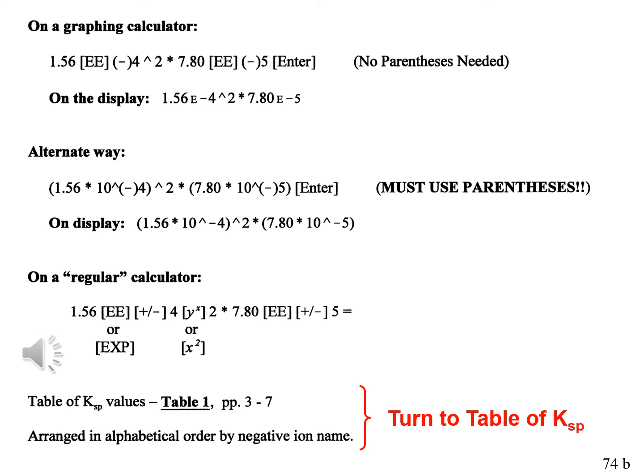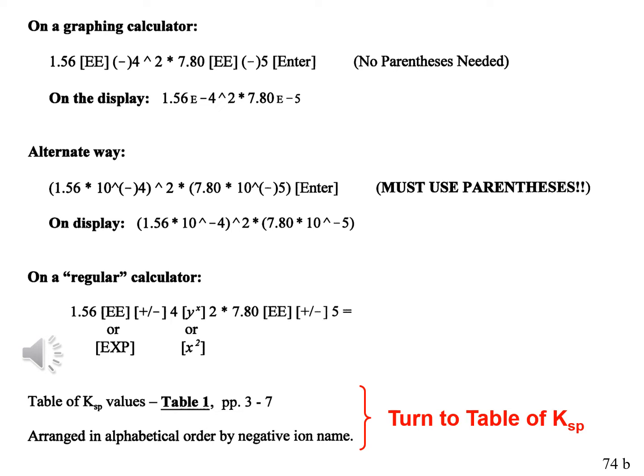If you don't do that, the calculator will square the 10 to the minus 4, but not the 1.56, and you'll get the completely wrong answer. So if you're going to use scientific notation the way I showed it here, please remember to put parentheses around all scientific notation. If you do that, you'll get the same answer.